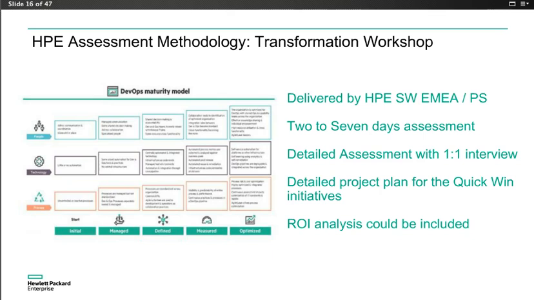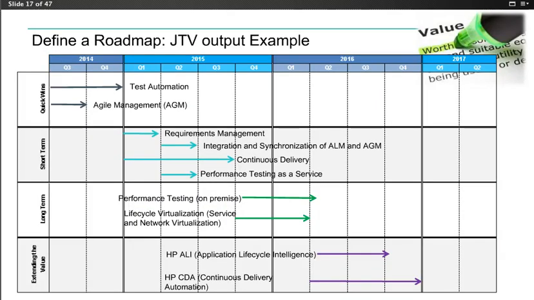And the slide is also describing that during this transformation workshop, we are able to deliver a light version of return on investment that helps you a lot to sort out the things that you should focus on. This is an example of an output roadmap that was delivered by the Journey to Value workshop, and you can see that it's divided into 4 swim lanes.